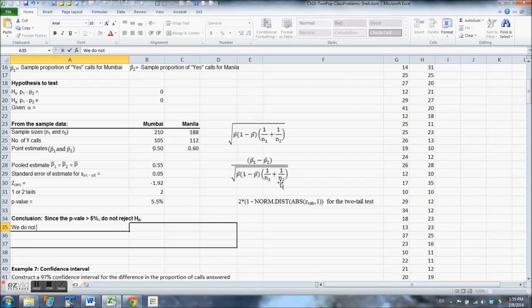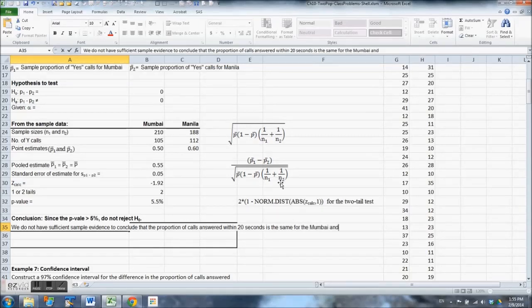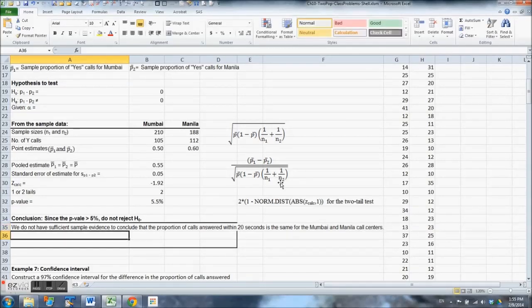So we do not have sufficient sample evidence to conclude that the proportion of calls answered within 20 seconds is different for the Mumbai and Manila call centers. So that's the first part.